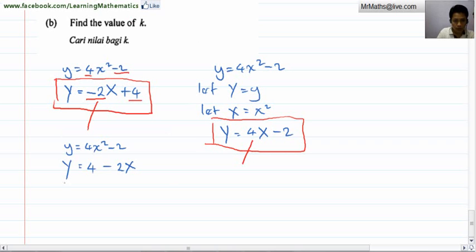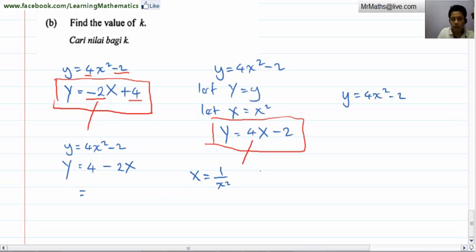Take a look at that. Now 4, there used to be an x squared there, and now there isn't. So perhaps X is equal to 1 over x squared. If you transform it, well, let me write over here, y equals 4x squared minus 2.